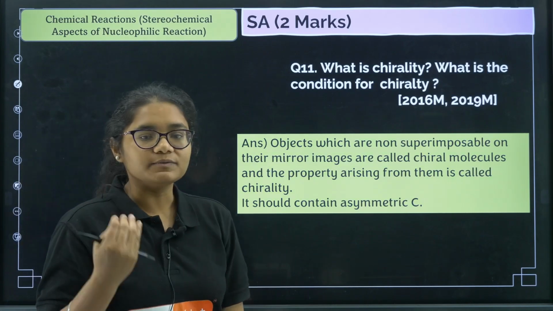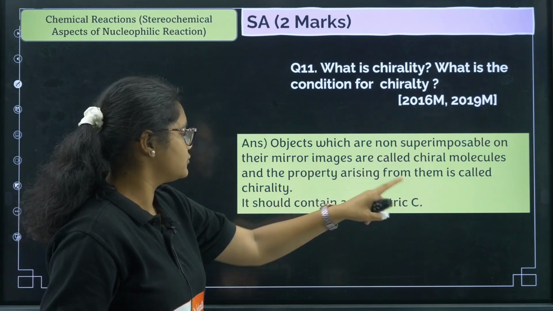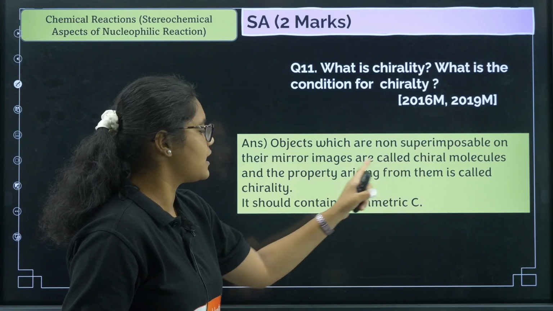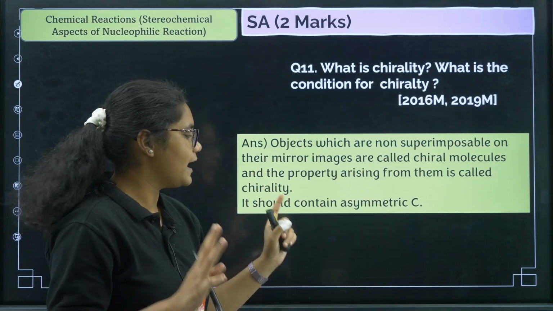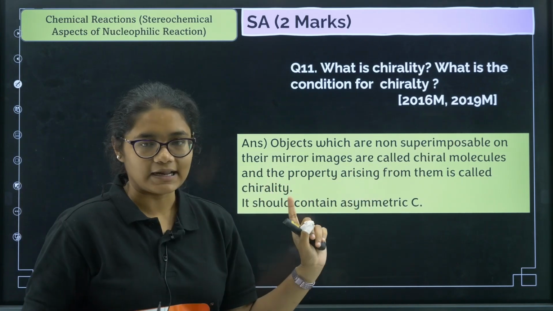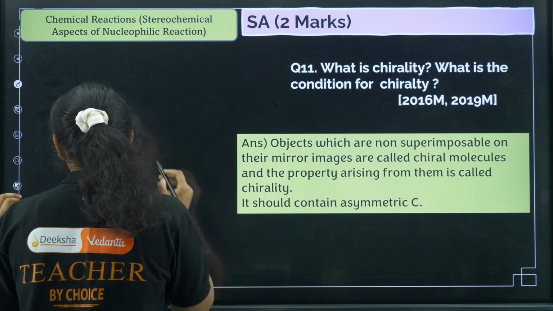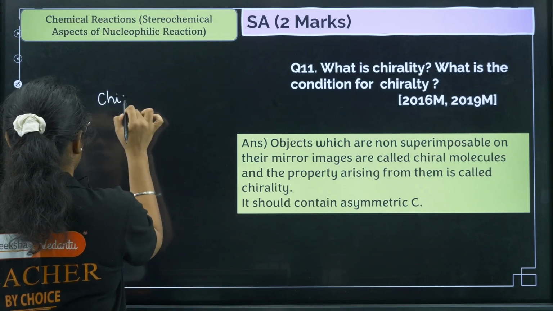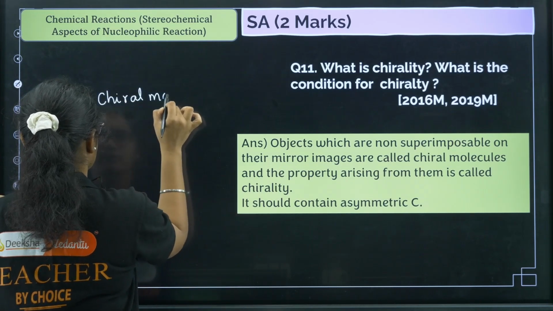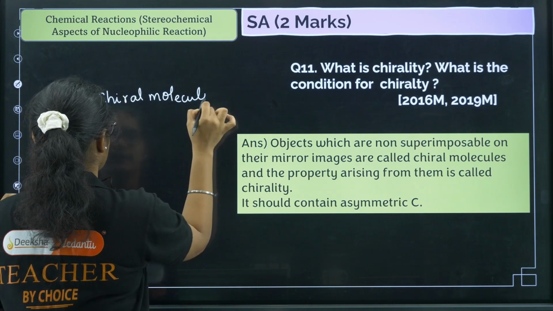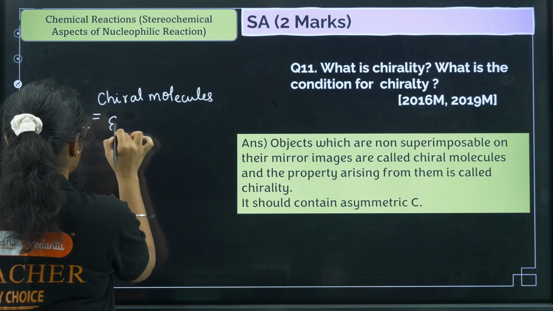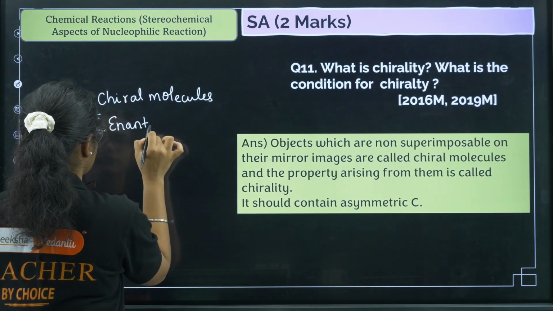See, the objects which are non-superimposable on their mirror images are called chiral molecules, and this property is called chirality. So I can say that the definition of chiral molecules is related to the definition of enantiomers.